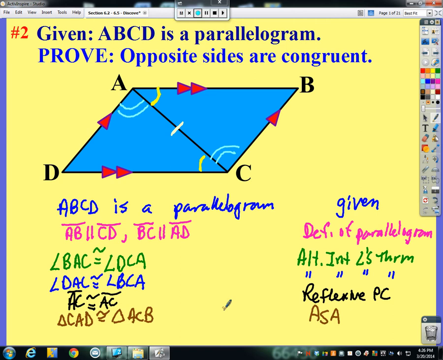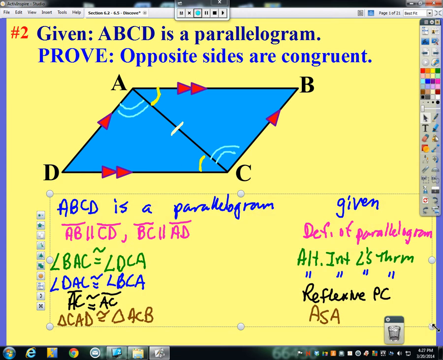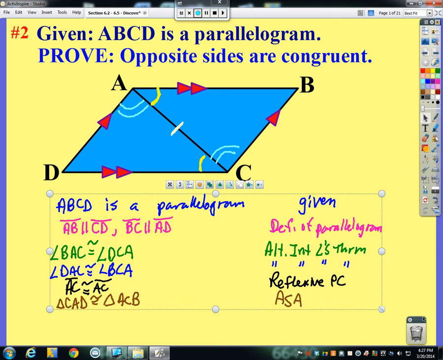Now, if these 2 triangles are congruent, that means everything else that I couldn't mark previously may now be marked congruent, such that corresponding parts of congruent triangles will now be congruent. So what else am I really interested in showing is true? Well, that the opposite sides are congruent. So let me shrink this up just a hair so I can get a little more space in here.